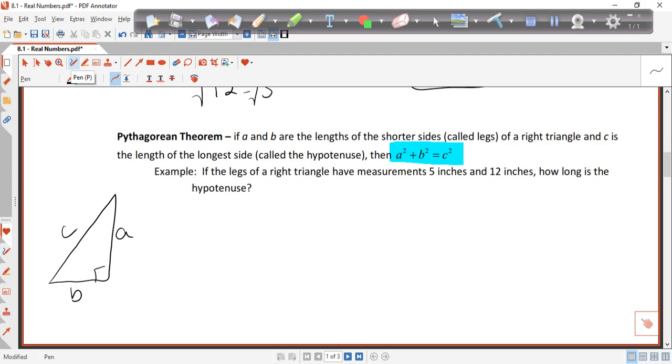So if the legs of a right triangle have measurements 5 inches and 12 inches, how long is the hypotenuse? So draw a picture. We have 12 inches and 5 inches. You could switch those, it just depends on how you drew your picture. These are the legs, so we're looking for the hypotenuse.